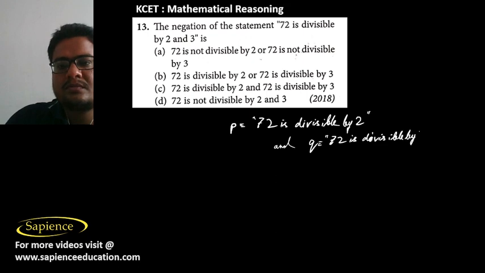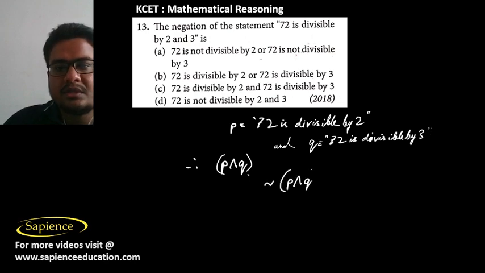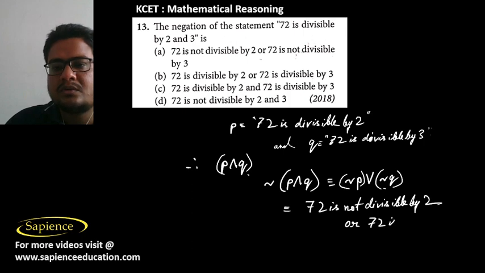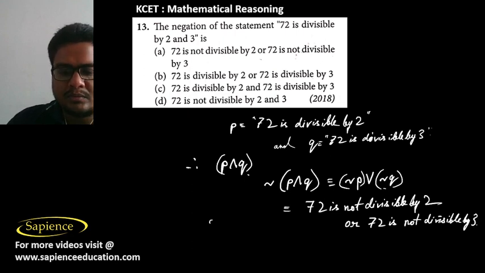The given statement is P and Q. Therefore, we have to find the negation of P and Q. Here we can apply De Morgan's law, so that is not P or not Q. Which implies the statement can be written as: 72 is not divisible by 2, or 72 is not divisible by 3. So option A is the correct answer.